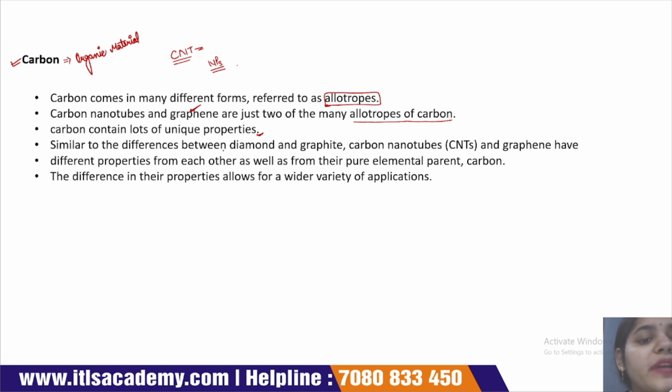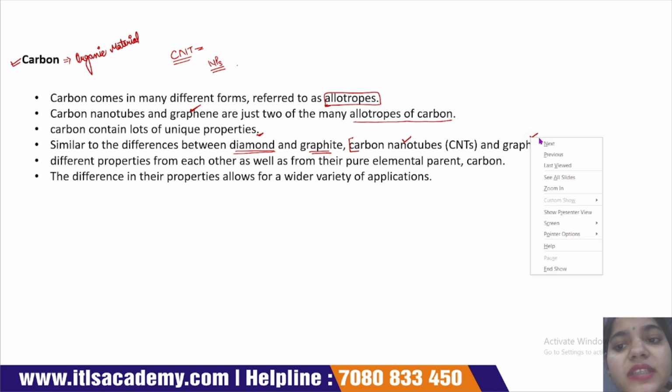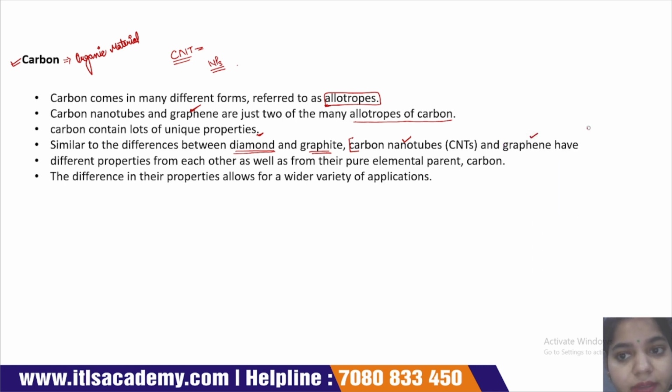Similar to the difference between diamond and graphite, carbon nanotubes and graphenes have different properties from each other. Carbon nanotubes contain different properties and graphenes contain different properties.